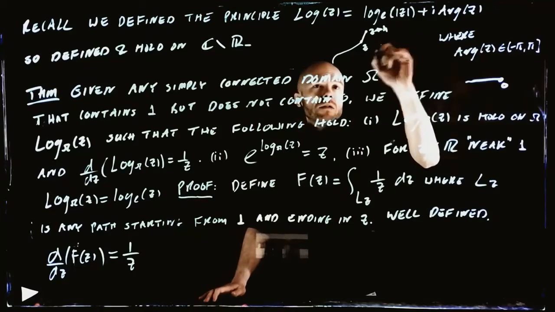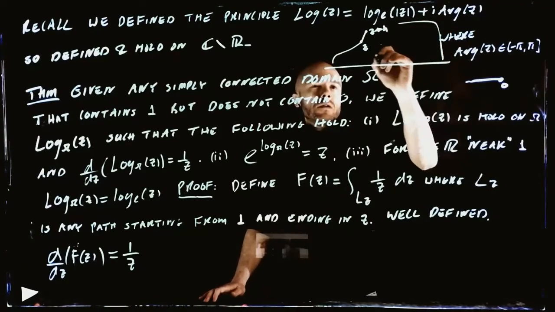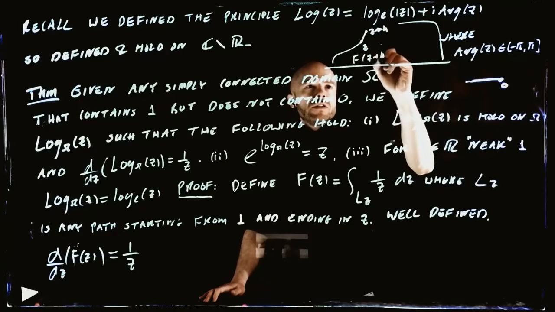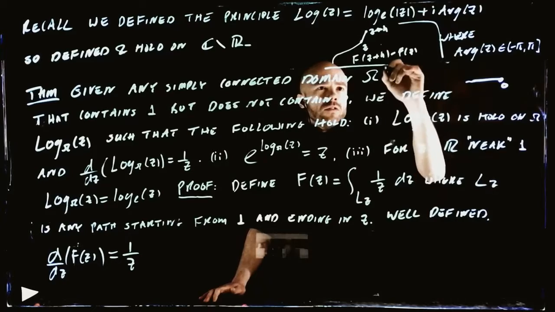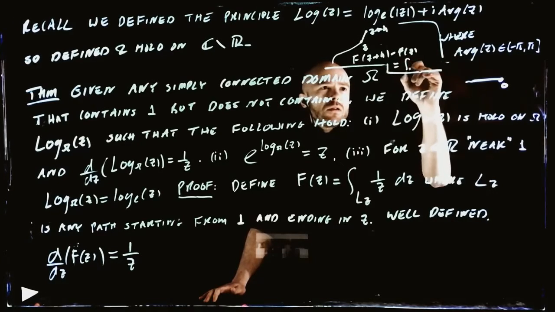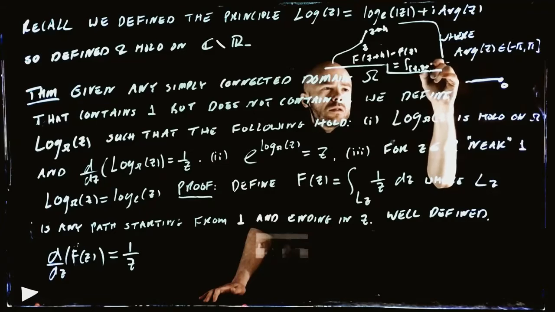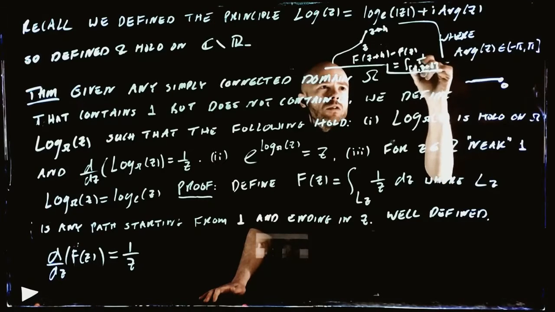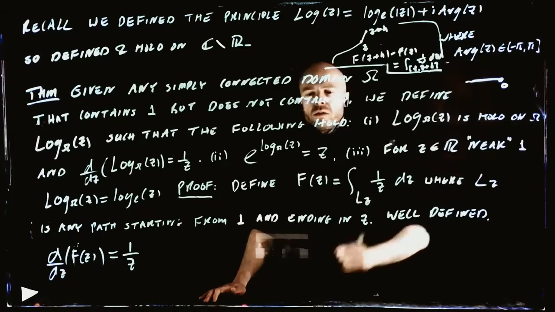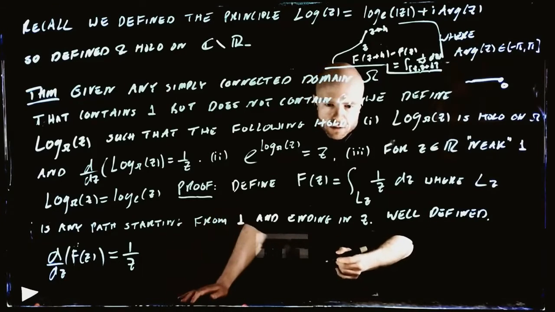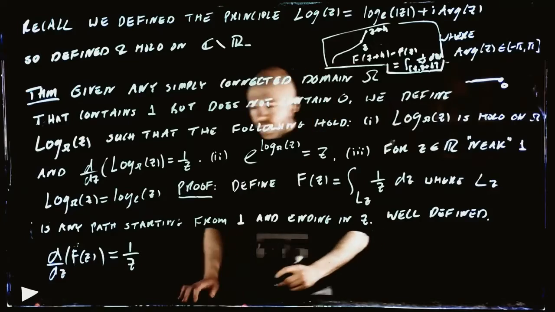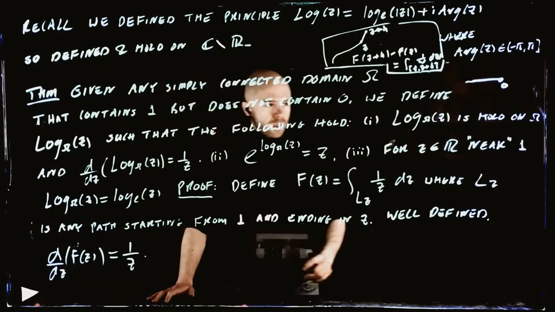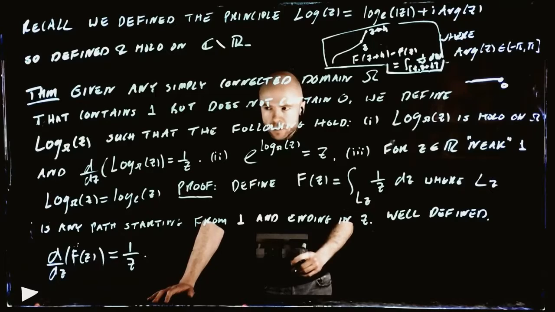Then capital F of z plus h minus capital F of z is just this integral over this little line segment of 1 over w, since we've picked z. Right? So exactly the same argument will give you this thing. Everybody happy with that? Okay, good. So this, we believe, point 1 is not difficult.